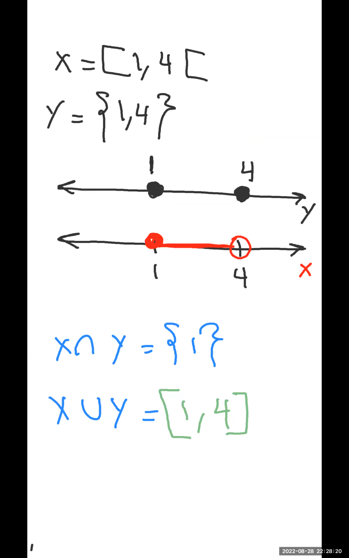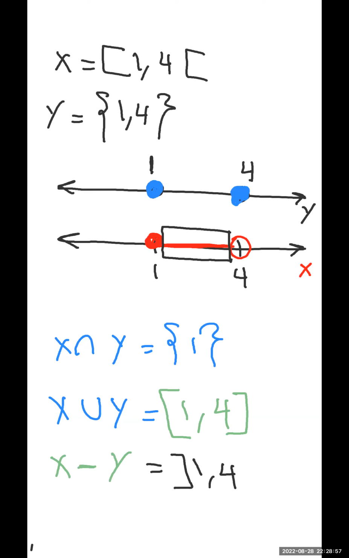The next question. X difference Y. Just 1 second, I'm going to change this color. It will be more clear like that. Okay. Now, X difference Y. What are the elements inside X, not in Y? I think 1 is included in the 2 number lines, but this place will be the difference. 1 and 4, open and closed.